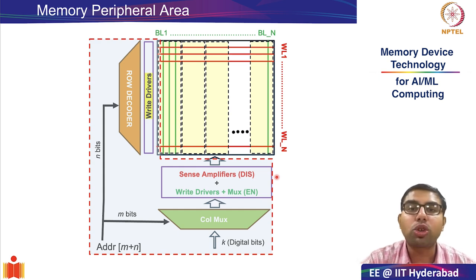The situation is quite similar here also. You would expect that the size of the peripherals, which is just used to access data efficiently, will be minimal compared to that of the memory array. So in today's class, we will see, is that really the case?